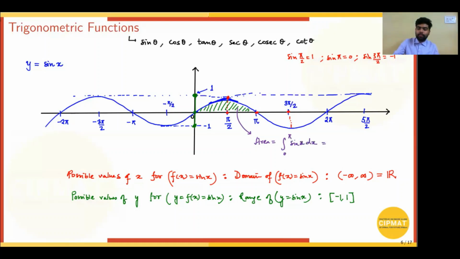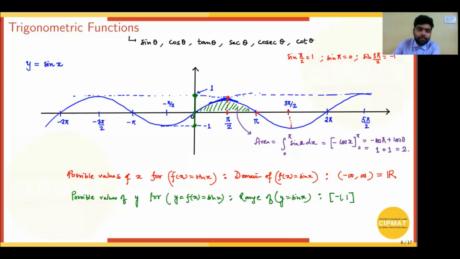The integration of sine x dx is minus cos x, and if you take it from 0 to pi, you are going to get your answer. So this is minus of cos pi plus cos 0. Cos pi is equal to minus 1, so minus of cos pi is 1, and cos 0 is 1. So this whole value is equal to 2.